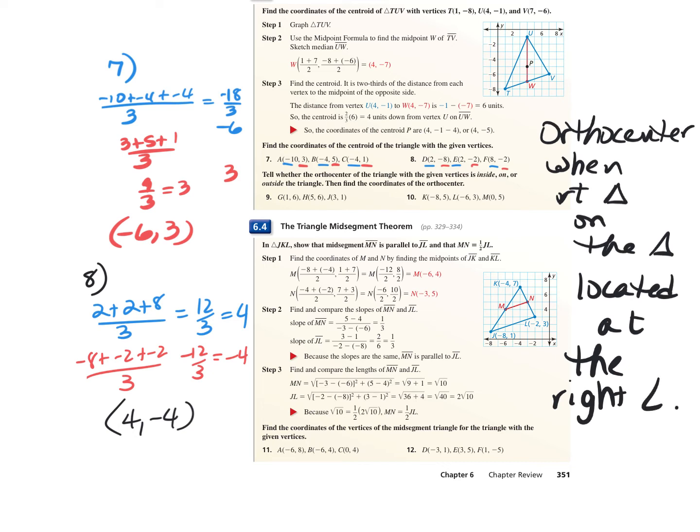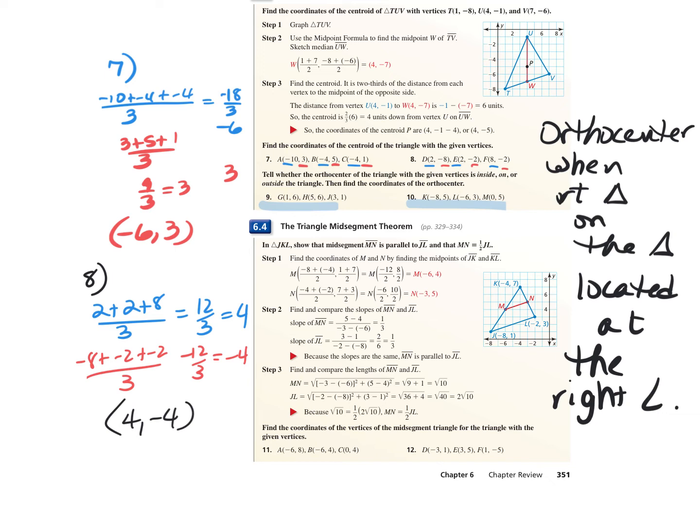So again, you're going to have that graph paper. You can graph it to see which ordered pair of the 3 is the right angle, and then that will be your answer. On this review, questions 9 and 10 were not right triangles, so all you were expected to do was graph them.